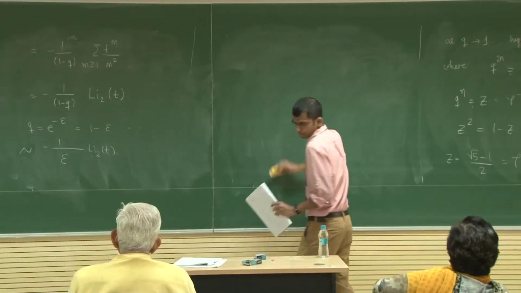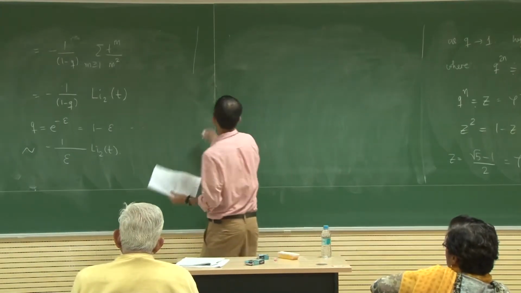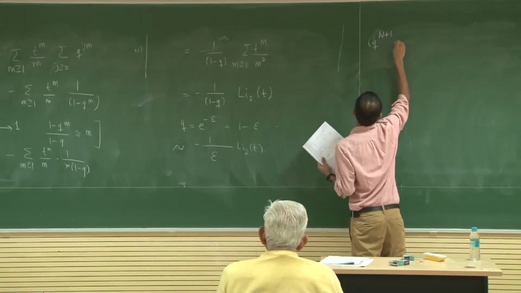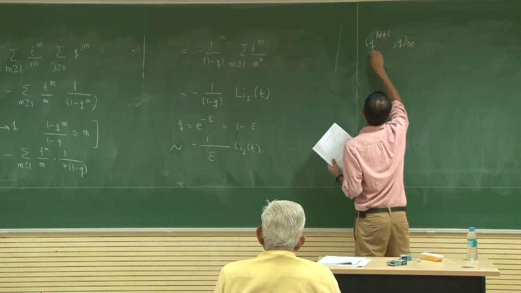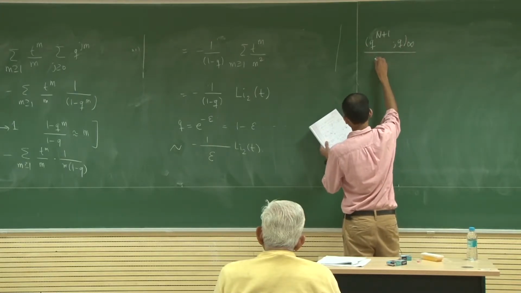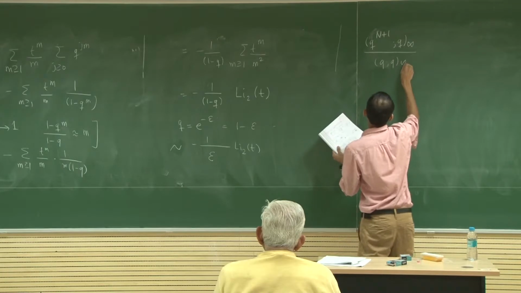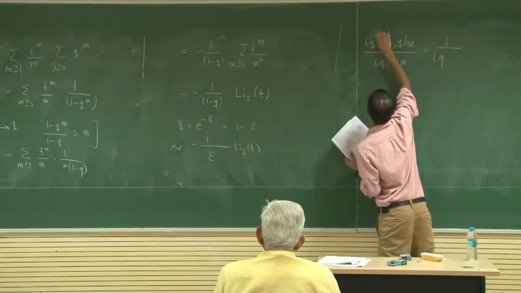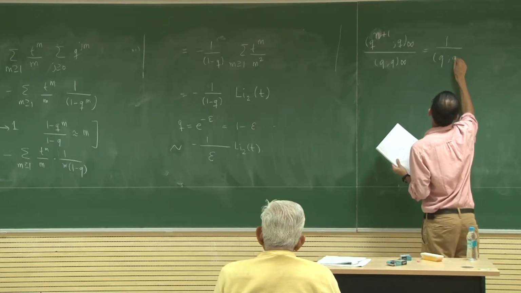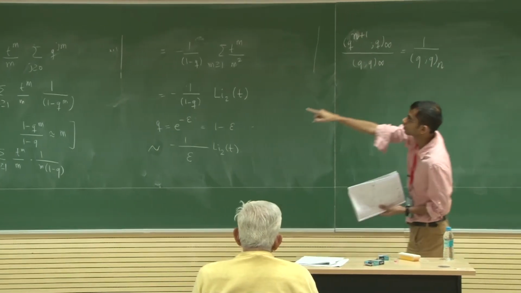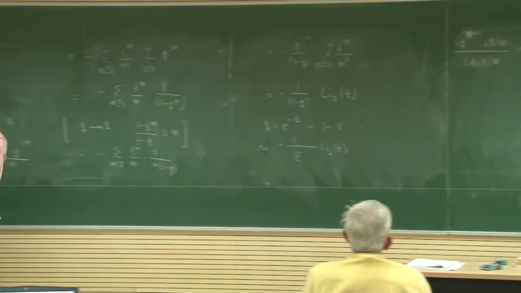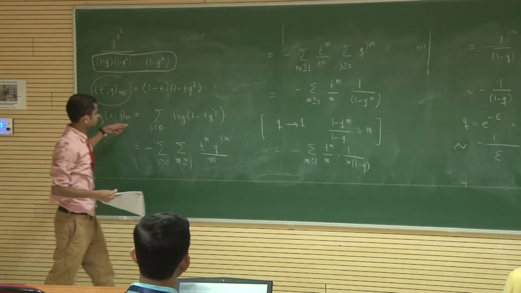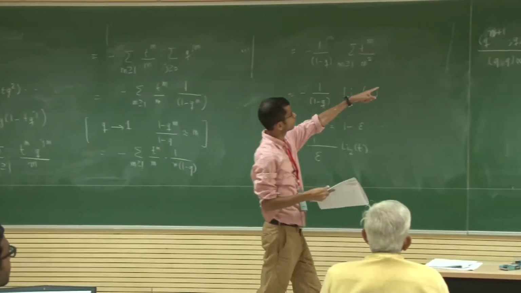So what do we want? We want this divided by this, where this is small n. This is precisely what you see in this summand below. Okay. All right. So I'll just put t equal to q to the n plus 1.